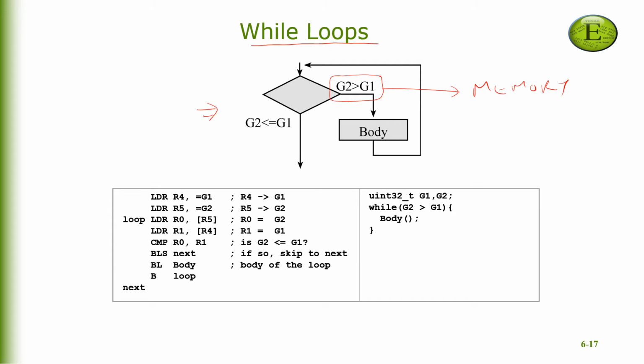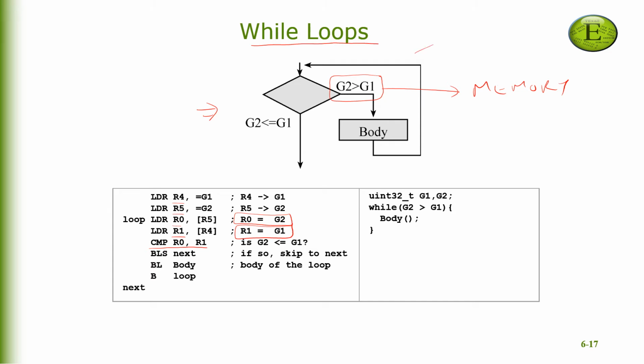Therefore, we are going to load G1 and G2 into registers R0 and R1 in a way that R0 carries G2 and R1 carries G1. And then we use the compare instruction, CMP R0, R1, and the remainder of the program execution is dependent on the result of this comparison.